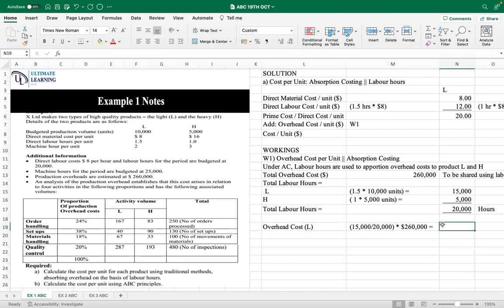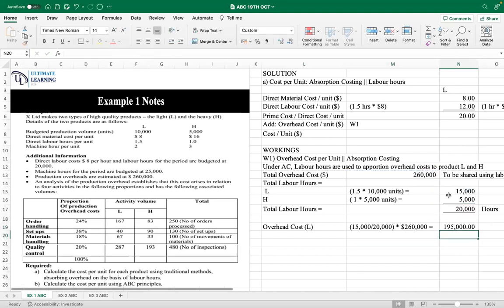Now, what do we get? Let's calculate it. 15 over 20 times 260 gives you 195,000.